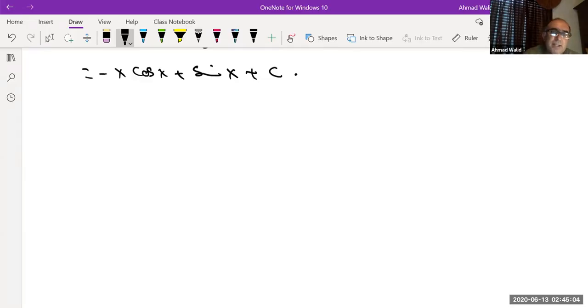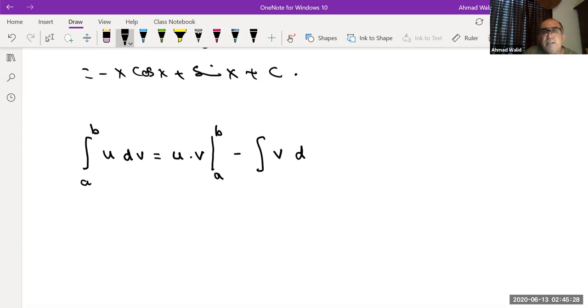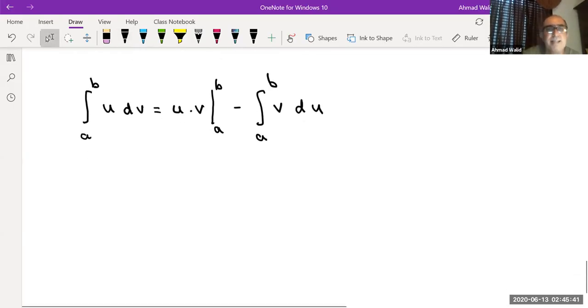If you are dealing with a definite integral, for example, integral from a to b, u dv, then this side becomes u times v from a to b minus integral from a to b of v du. That's the formula if you are dealing with a definite integral. Correct? Let's do an example.